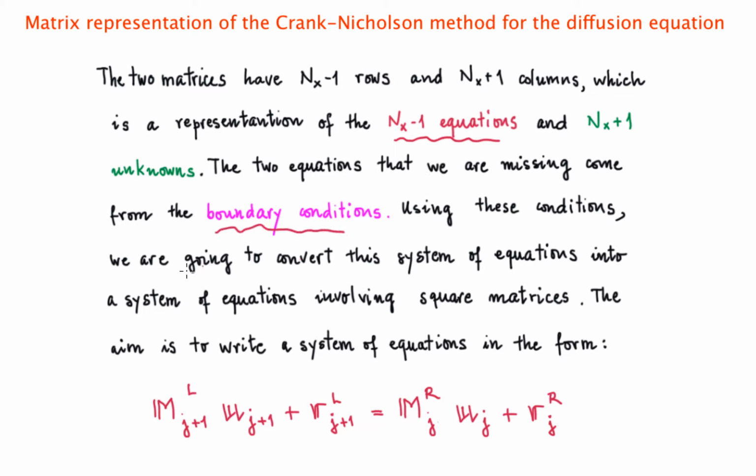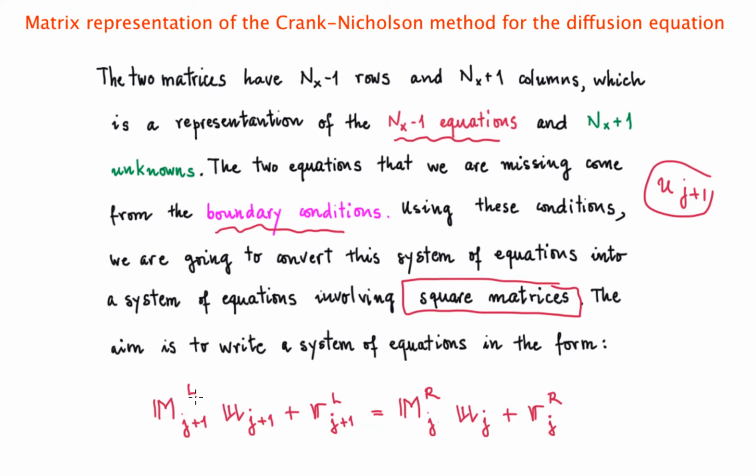Using the boundary conditions, as happened with the full implicit method, we are going to convert this system of equations into a system involving square matrices. That's going to be important in order to clear the values of the u functions evaluated at time j plus 1. So the aim is to write the system of equations and the matrix representation we have seen before in this way, where these should be square matrices.